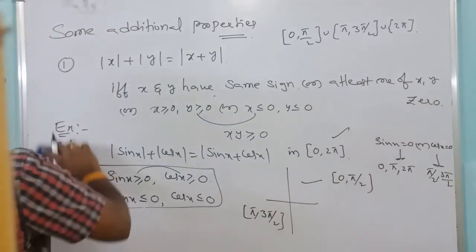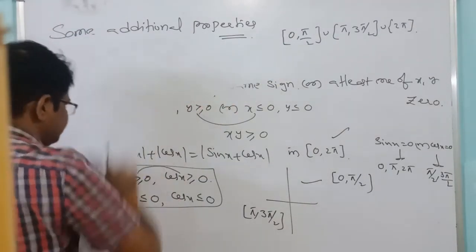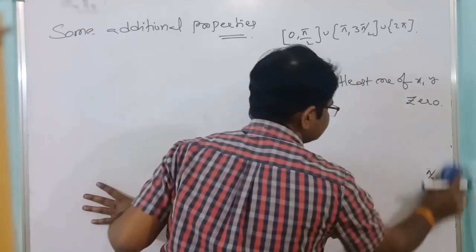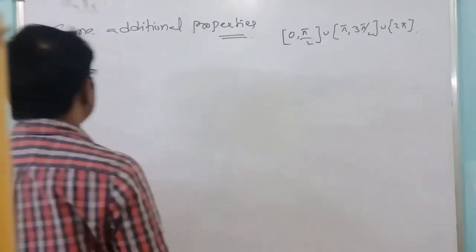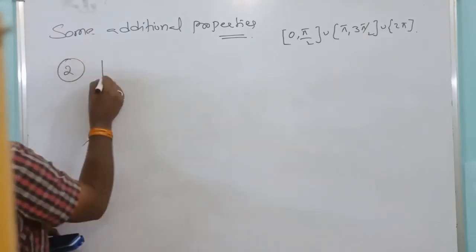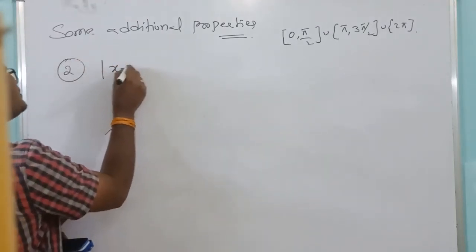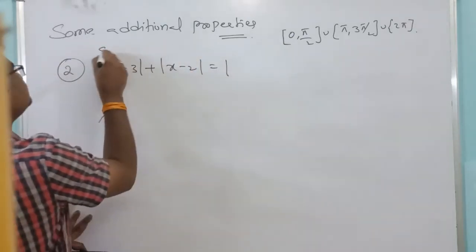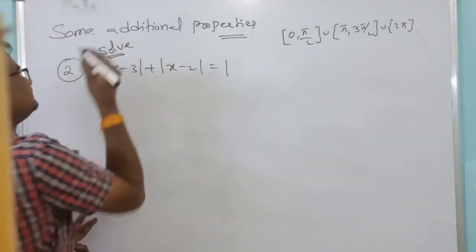Right? Now suppose you take one more example. Like this: |x − 3| + |x − 2| = 1. Solve this one.